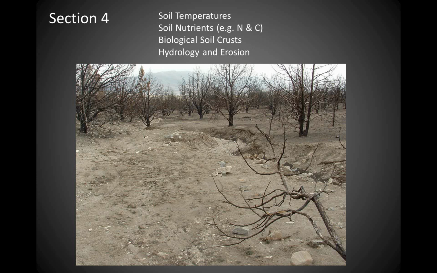We looked at soil nutrients, the effects of fire, and the literature that documents what happens to total nitrogen, and what happens to available nitrogen or carbon or phosphorus or potassium. Those are all broken out into individual sections. We go into more detail on biological crusts, and we also then get into the hydrology and erosion.